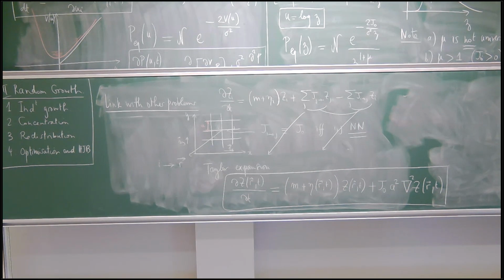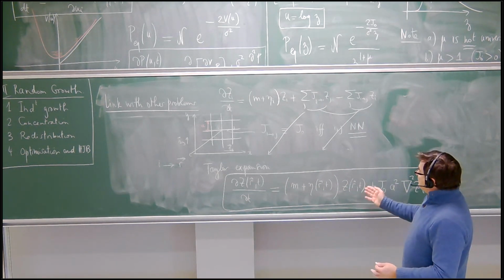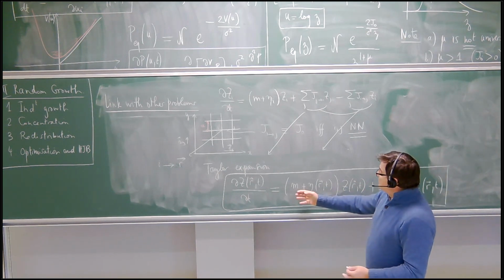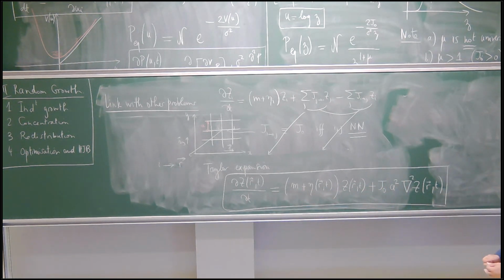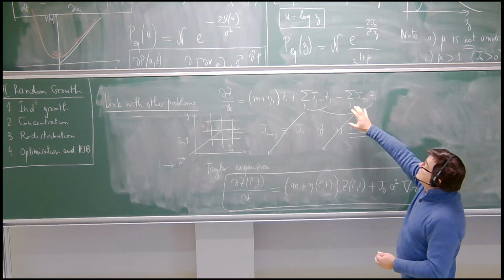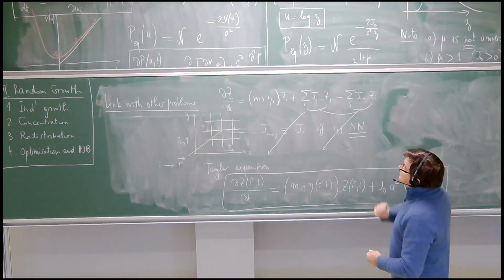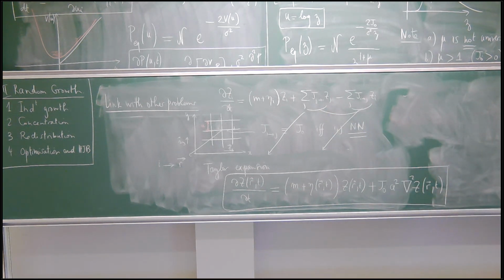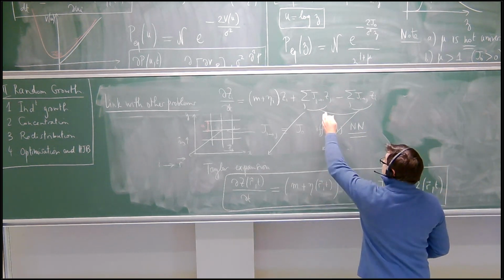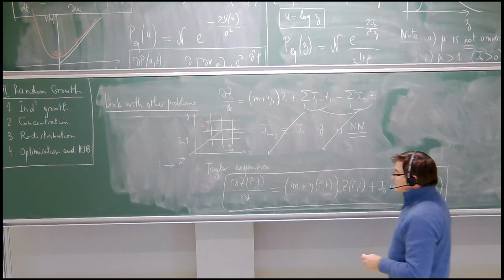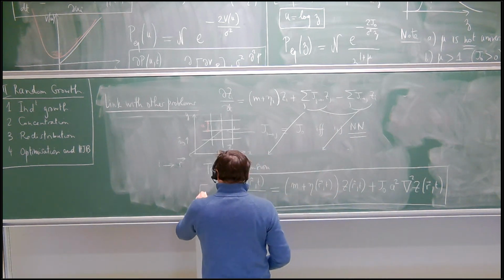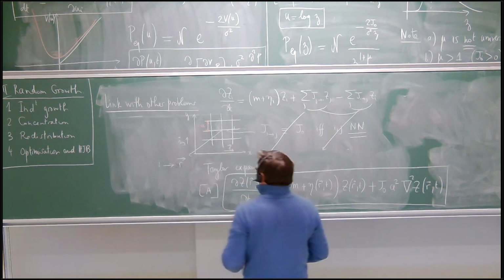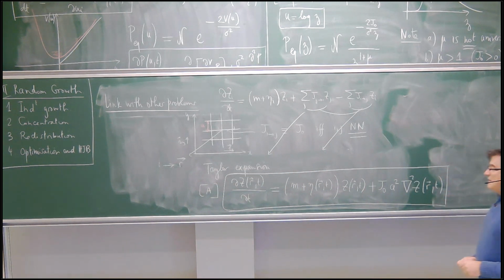So it's very physical what we get. We get a population around site R at time T that grows randomly and diffuses in space. And this is exactly what we try to capture. So it's not a surprise, it's just a continuous limit of the first equation, which is this second equation. I'm going to call this equation A, because we're going to see it again in another context.